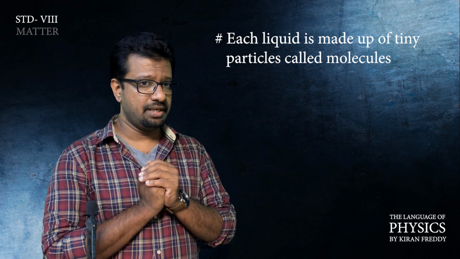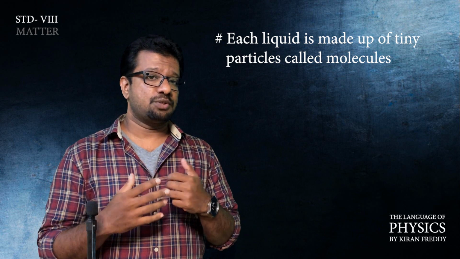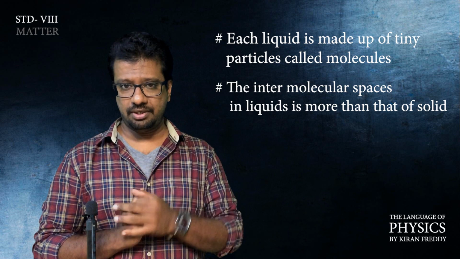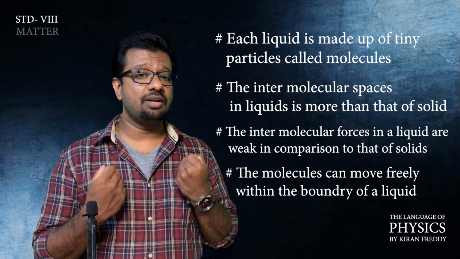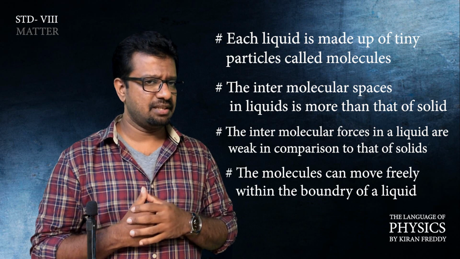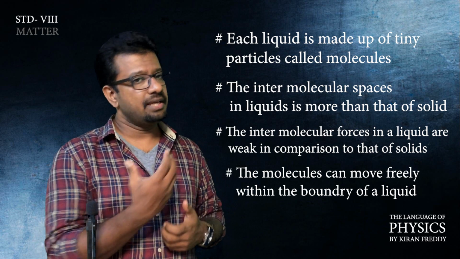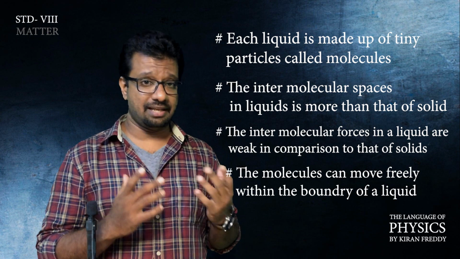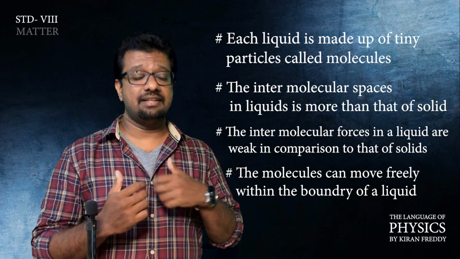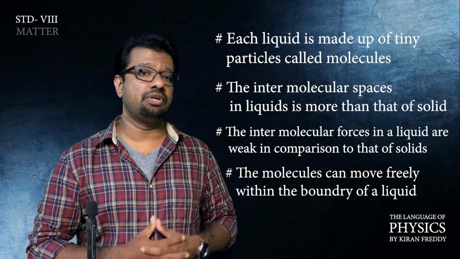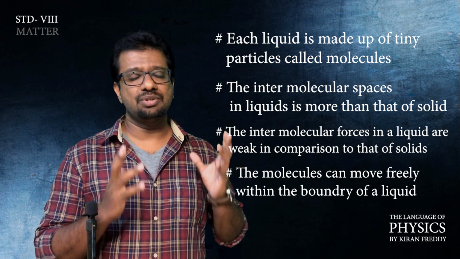Second point, they have much more spacing than the solid. Third point, their intermolecular force of attraction is weak in comparison to the solids. And the last one, they are capable of moving from one place to another within the boundary. So these are the things.